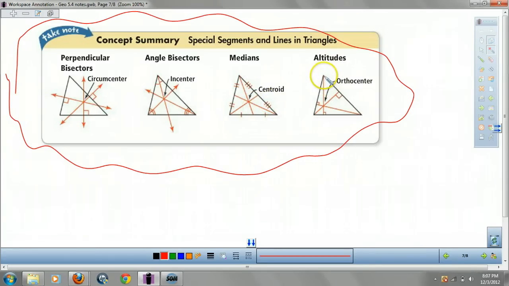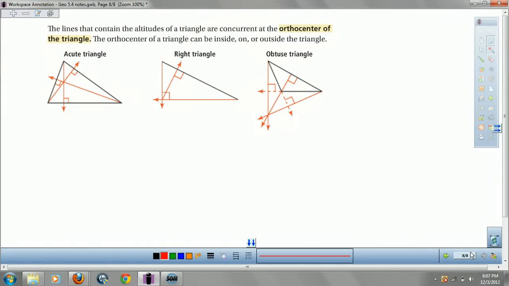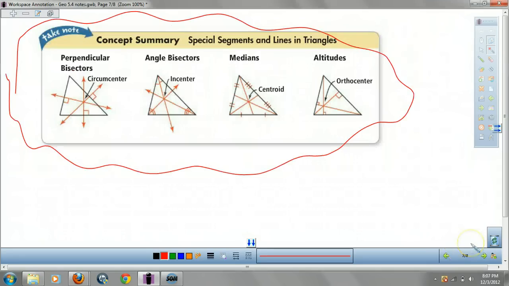Altitude starts at the vertex, right angle to the base, orthocenter. Keep that in mind, guys. Concurrency of perpendicular bisectors: circumcenter. Concurrency of angle bisectors: incenter. Concurrency of medians: centroid. Concurrency of altitudes: orthocenter. We already had this. We're done. Enjoy.